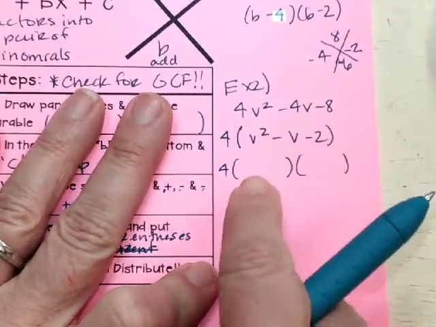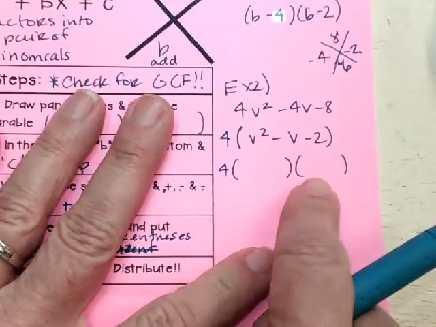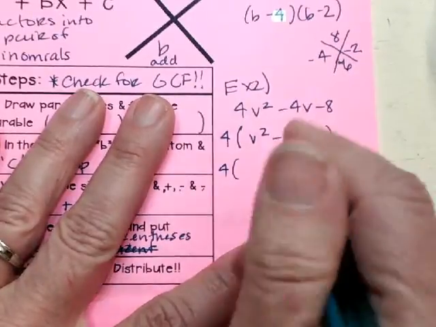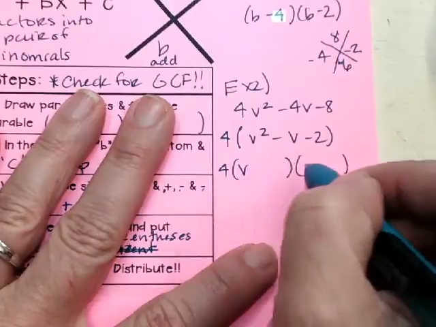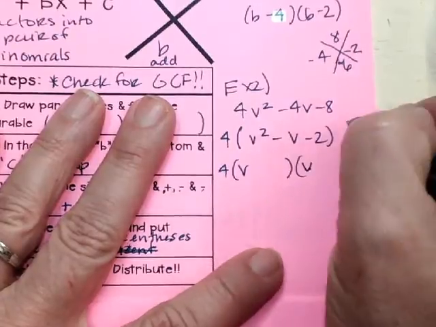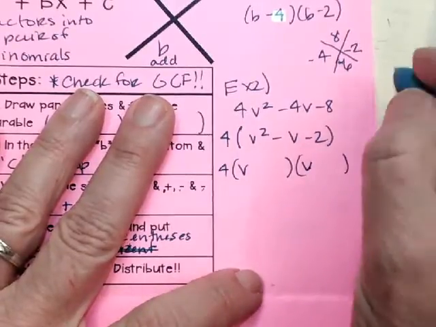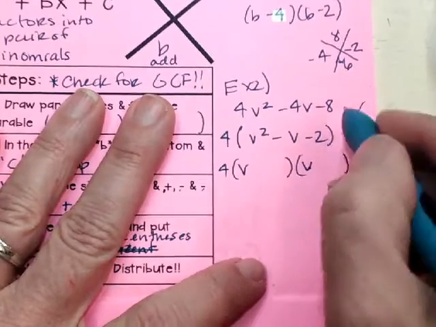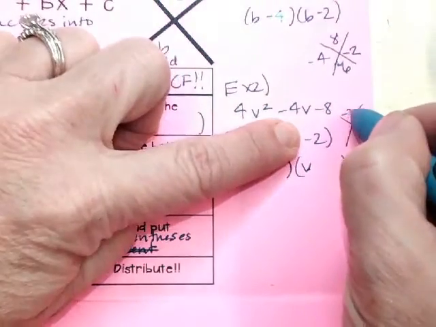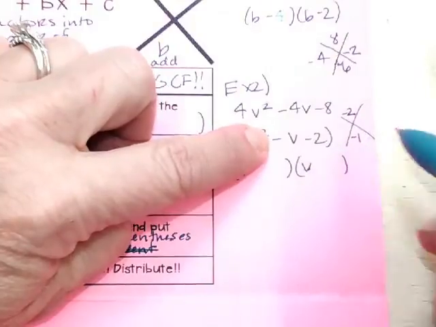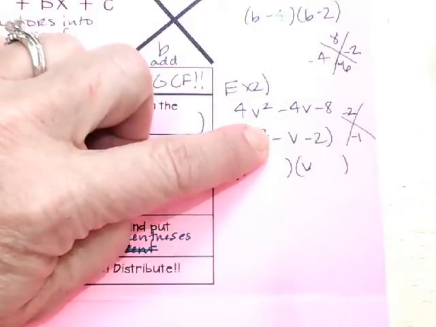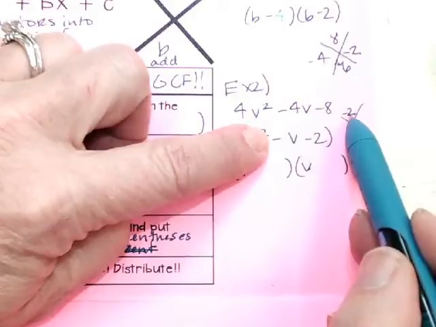So, my answer is going to look like this. It's going to be a binomial times a binomial, and these first two terms have to multiply to give me this one. So v times v is v squared. Here's where I have to figure out what the other part's going to be. I put my C term in the top, my B term in the bottom. So I need things that multiply to give me negative 2 and add to give me negative 1.